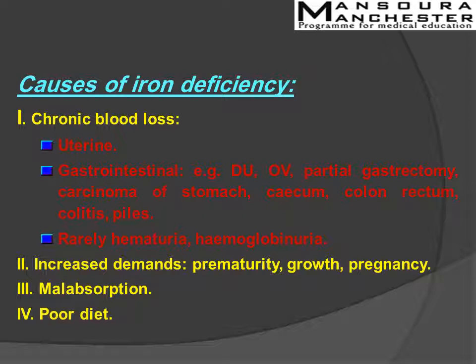Rare causes of blood loss are hematuria and hemoglobinuria. A second cause is increased demands, for example, prematurity, growth, and pregnancy. The third cause is malabsorption, and lastly, poor diet.